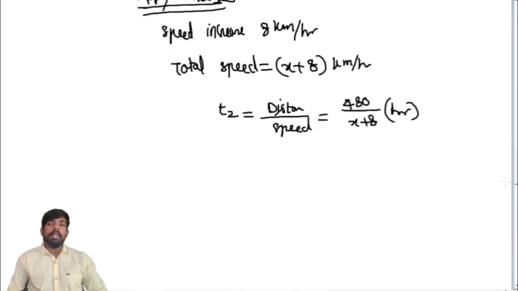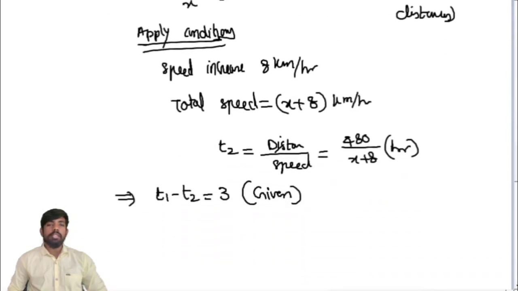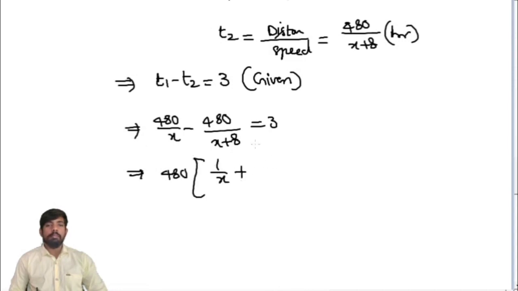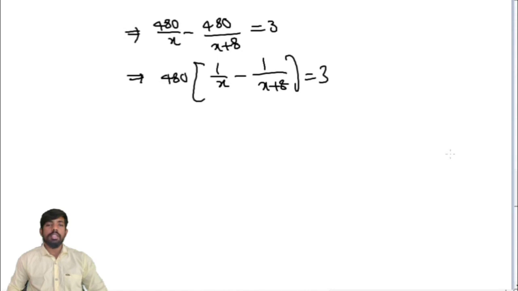So time t1 minus time t2 is equal to 3, the time difference given. t1 is 480 by x, minus t2, which is 480 by x plus 8, equals 3. Now take 480 common: 1 by x minus 1 by x plus 8 equals 3.